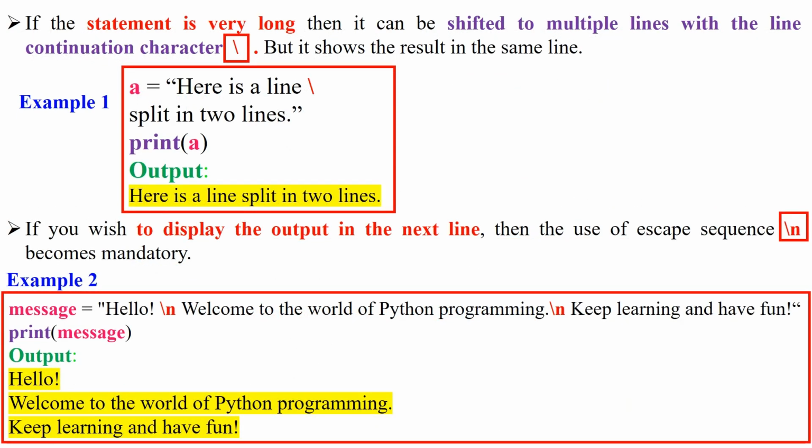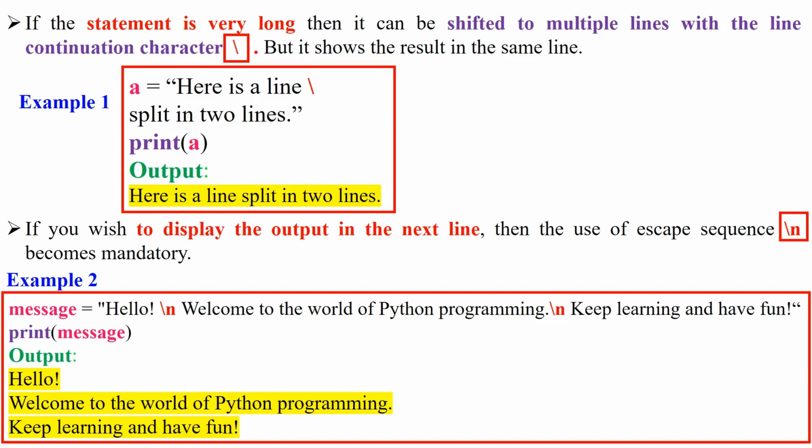If the statement is very long, then it can be shifted to multiple lines with the line continuation character backslash, but it shows the result in the same line. Example 1. In this code, we assign a string value to the variable a. The string starts with "Here is a line" and continues on the next line with a backslash at the end.